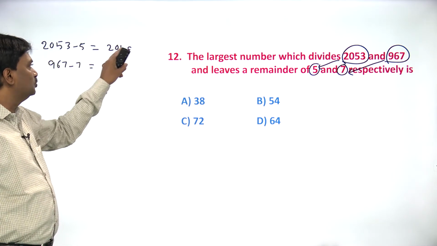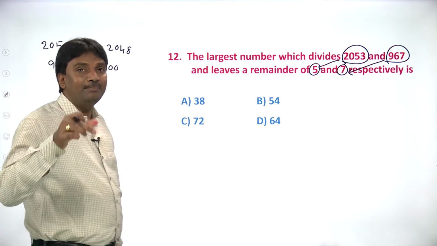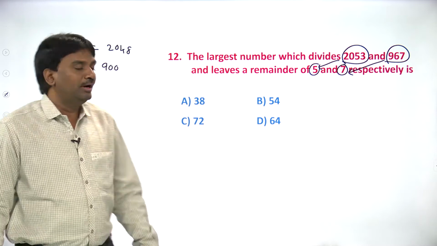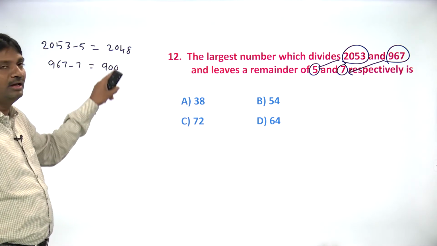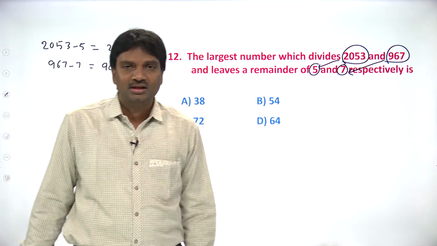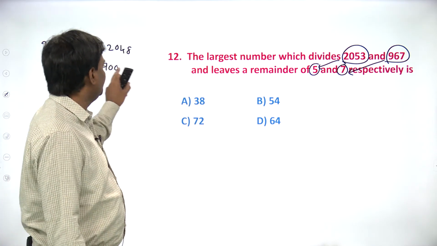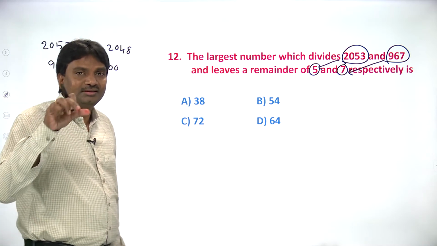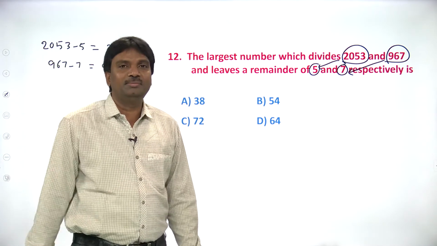By dividing 2048 and 900 by the same number, you will get the remainder as 0. Now, let us find the GCD or HCF of 2048 and 900. After getting the GCD, check the answer. That will be the answer.